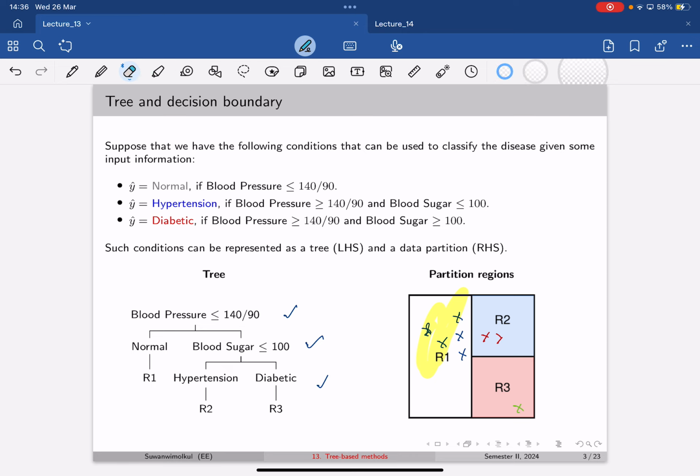Partition region is used to represent how, according to the distribution of your data, you should partition them into classes. You can imagine this as a top view of the tree-based algorithm. For example, let's say you classify patients into normal class, hypertension, and diabetes.